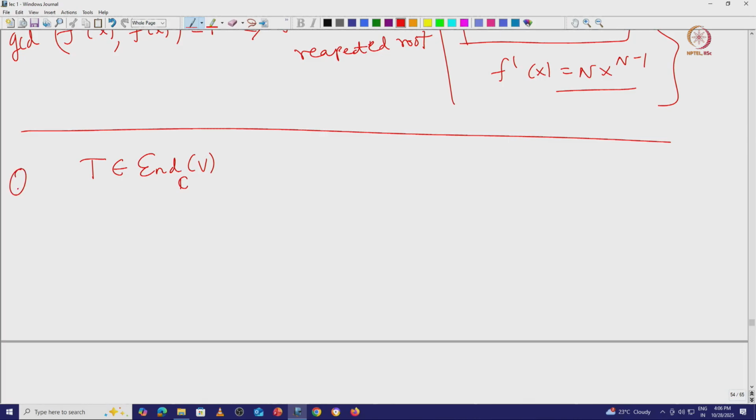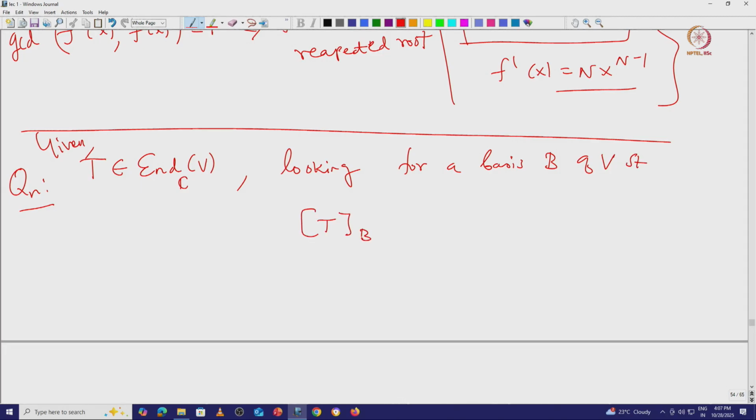Given this linear transformation, we are interested in looking for a basis B of V such that the matrix of T with respect to the basis looks somewhat simpler. Whatever that simplest form is, that is what we are going to call the canonical form.